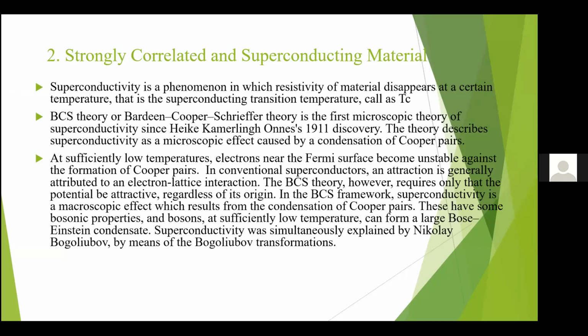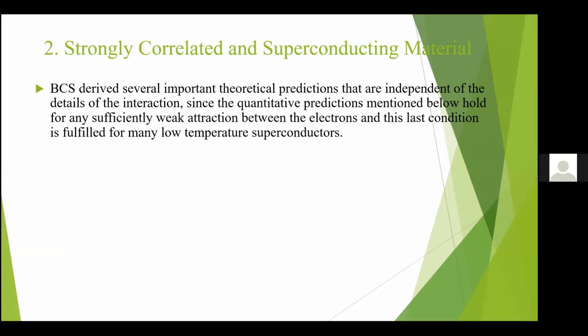Superconductivity was simultaneously explained by Nikolay Bogoliubov by means of the Bogoliubov transformation. BCS derived several important theoretical predictions that are independent of the details of the interaction.